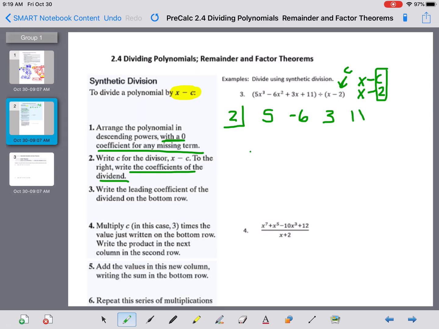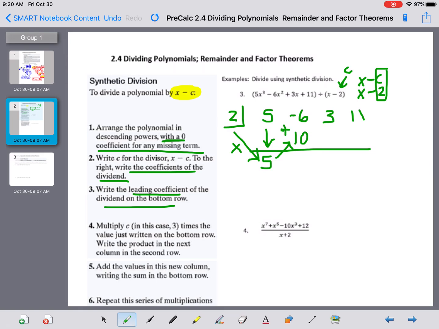Okay. Now, here we're on to step 3. Write the leading coefficient of the dividend on the bottom row. We always drop this very first one just straight down, and nothing else happens to it. Now, if you can kind of follow me here, I take my divisor up here, and I multiply it by my number down here. So 2 times 5 is 10, and I put it underneath the negative 6, okay? Now I'm going to add coming down.